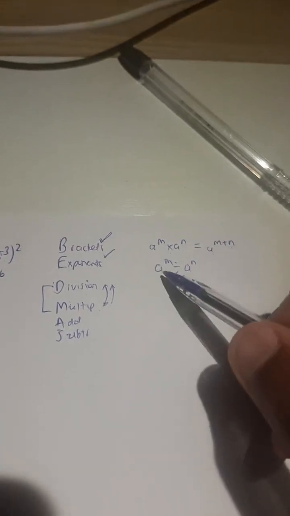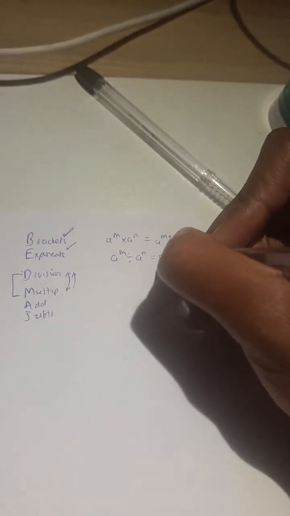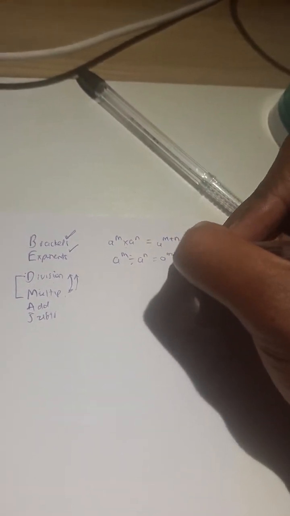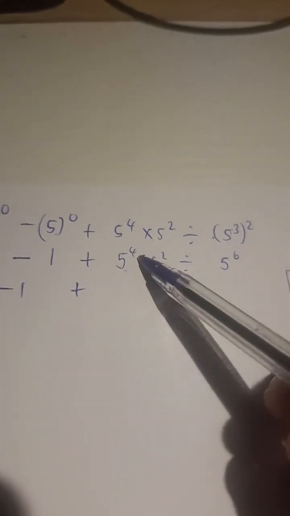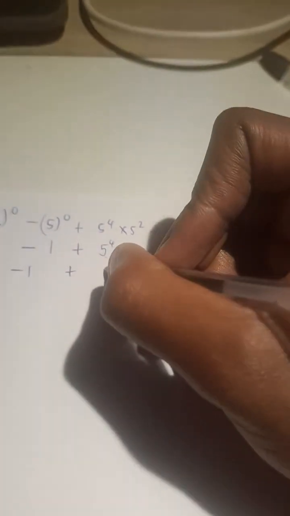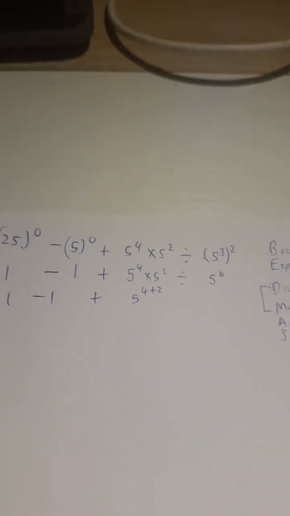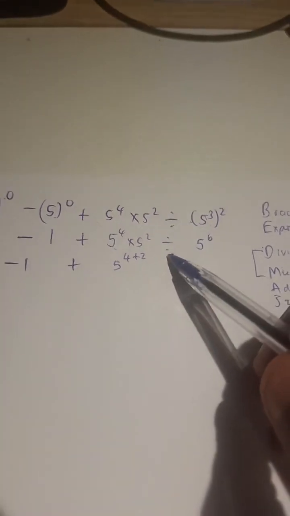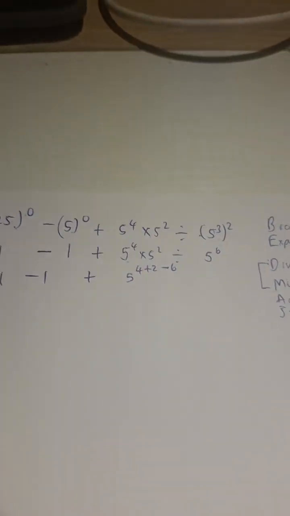If we are dividing bases that are the same, then we keep the base, we subtract the exponent. Very important, this thing. So if you look at this, guys, 5 to the power 4 times 5 to the power 2, that's like saying 5 to the power 4 plus 2, but then it says divided by 5 to the power 6, so we say minus 6.